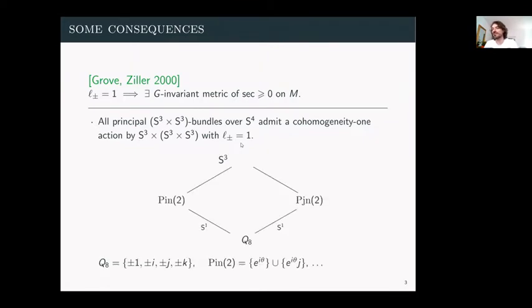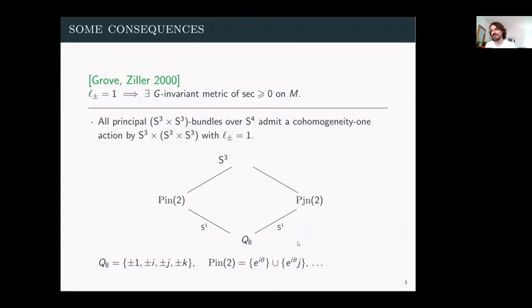Well, they started off with the cohomogeneity 1 diagram for S4, and excuse for a moment the fact that this S3 is off to the side. There's a reason. So this is the cohomogeneity 1 diagram for S4 with respect to an action by S3. Q8 here, so I'm thinking of S3 as the unit quaternions. Q8 here is the quaternion 8 group consisting of plus minus 1, plus minus i, plus minus j, plus minus k. Pin 2 and Pin 2 are isomorphic.